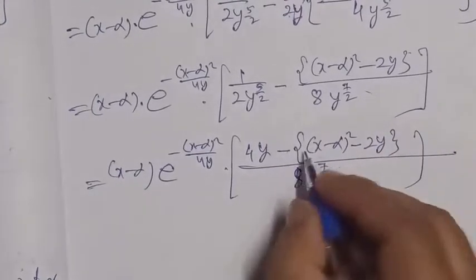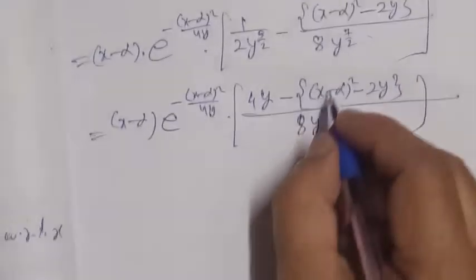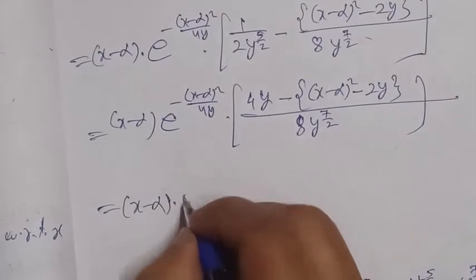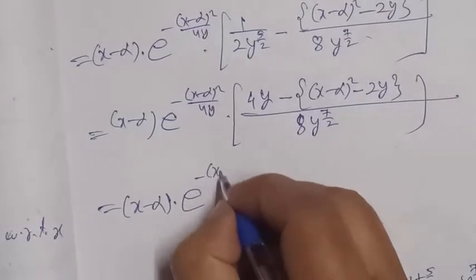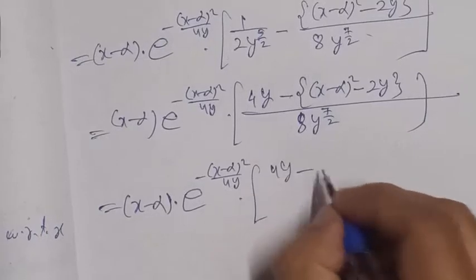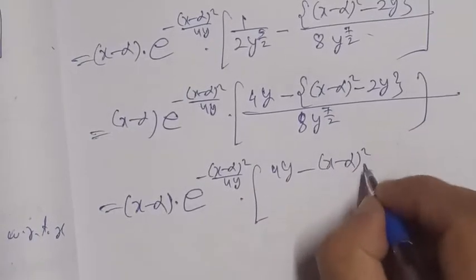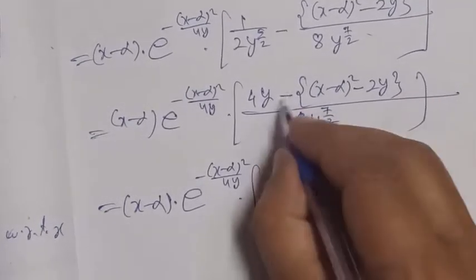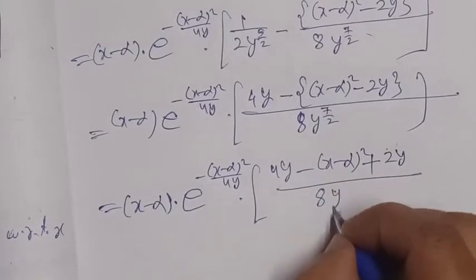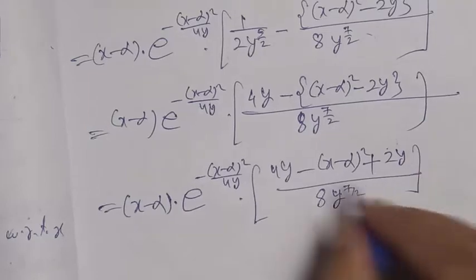I write this bracket and open this curly bracket. We get (x minus alpha) multiplied by e to the power minus (x minus alpha) whole square upon 4y, and 4y minus (x minus alpha) whole square, minus becomes plus 2y upon 8y to the power 7 by 2.